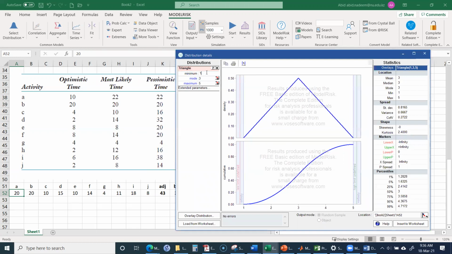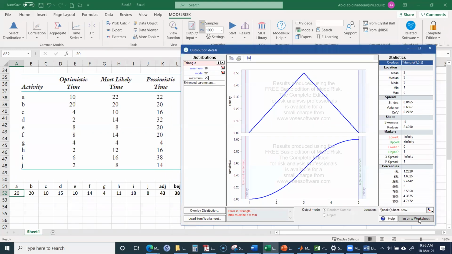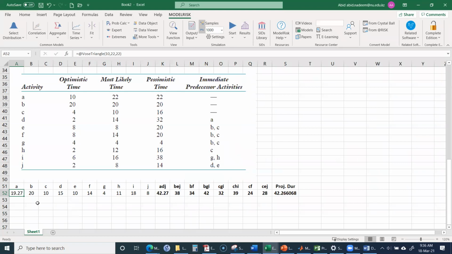The mode, the middle value, is 22, and the maximum is also 22. So 10, 22, 22. After you input these values, you insert to the worksheet. So it will be triangle 10, 22, 22.